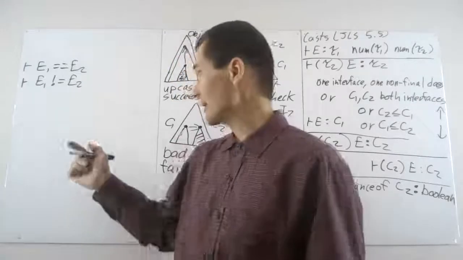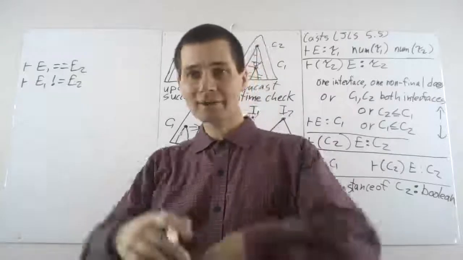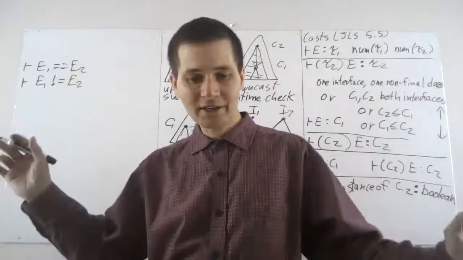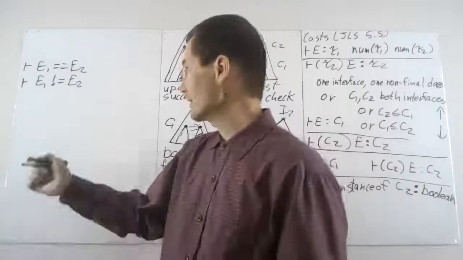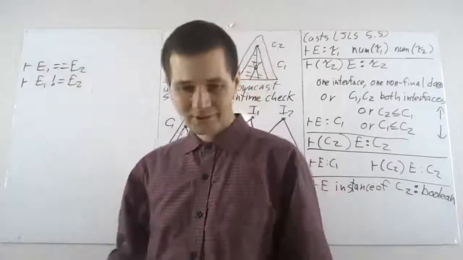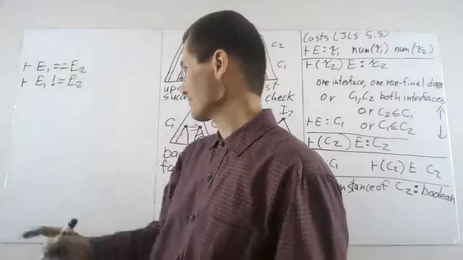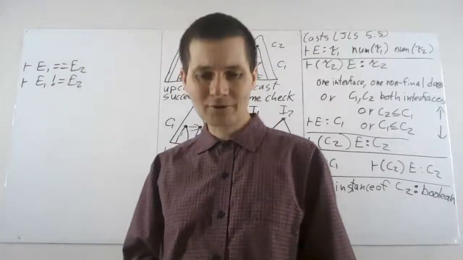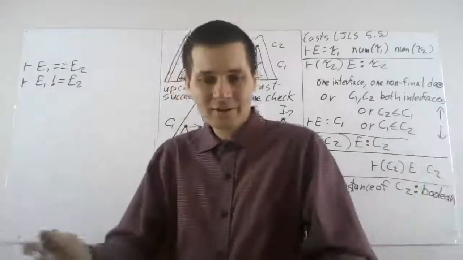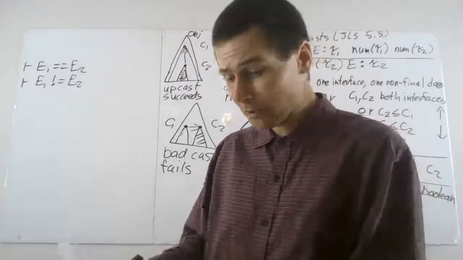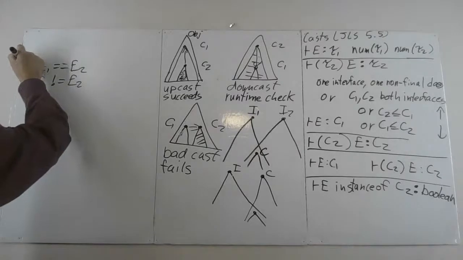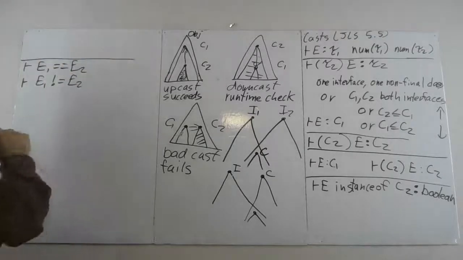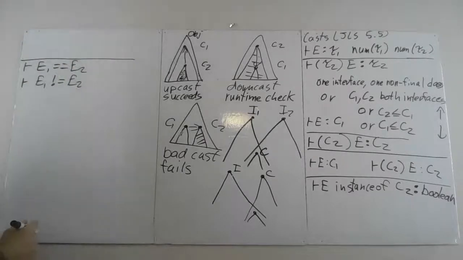If E1 and E2 are definitely different, and you can prove that at compile time, then this is always going to be false, and this one's always going to be true. In that case, why are you writing the condition, right? It's probably a bug, even though, I don't know, maybe you really wanted to write true this way or whatever.